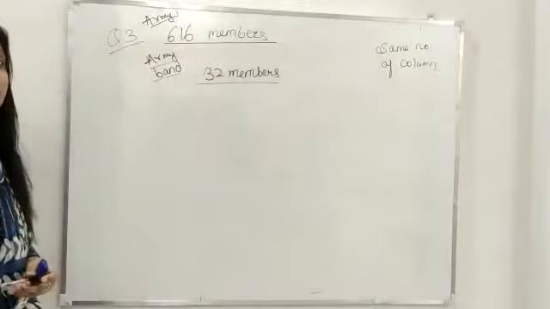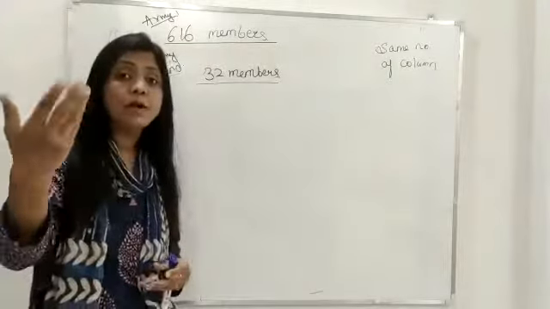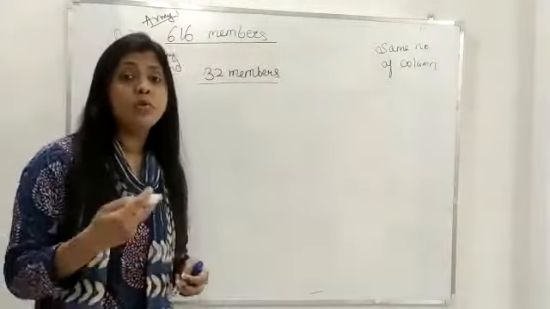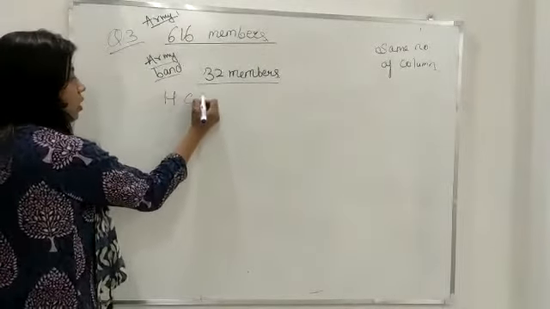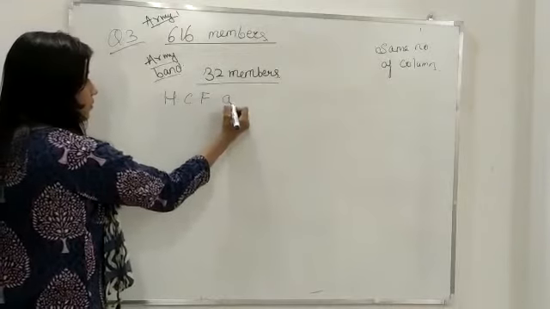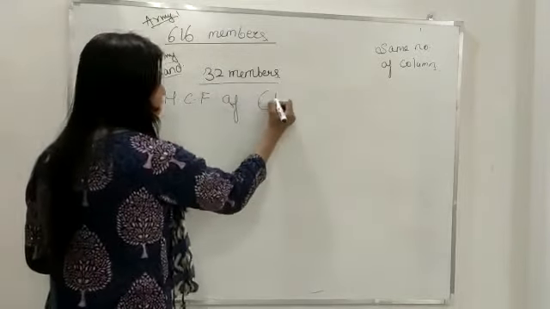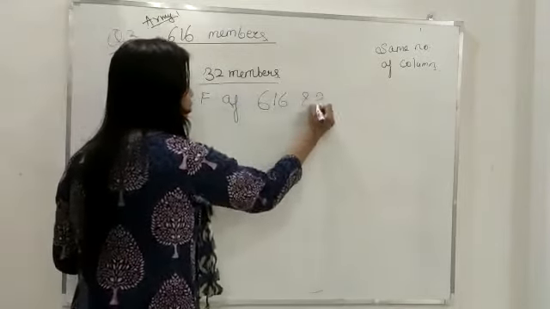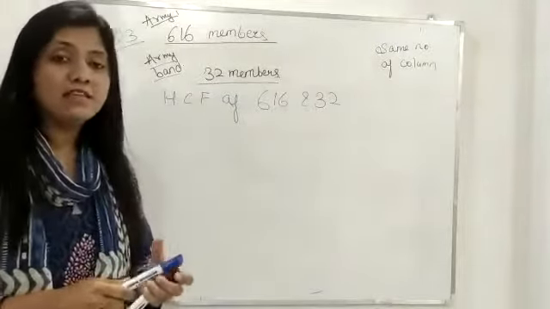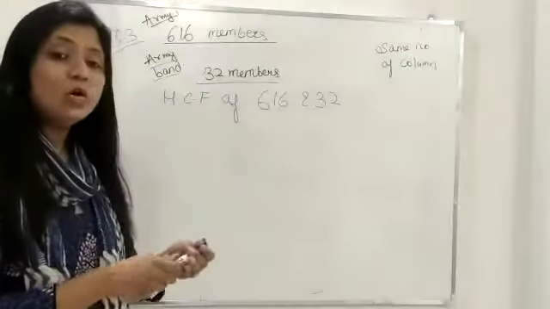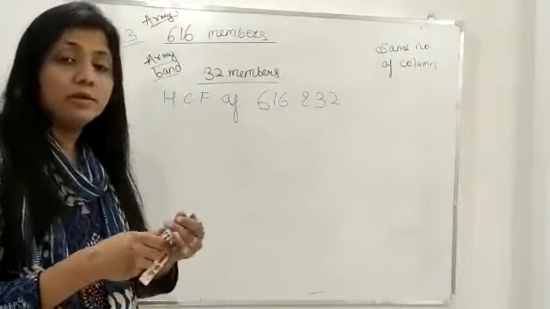So if I want to find the maximum number of columns, what will I do? I will find the HCF of 616 and 32. I already know how to find HCF using Euclid's division algorithm.